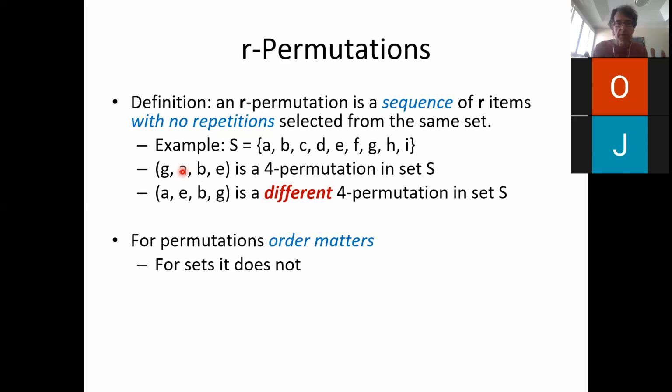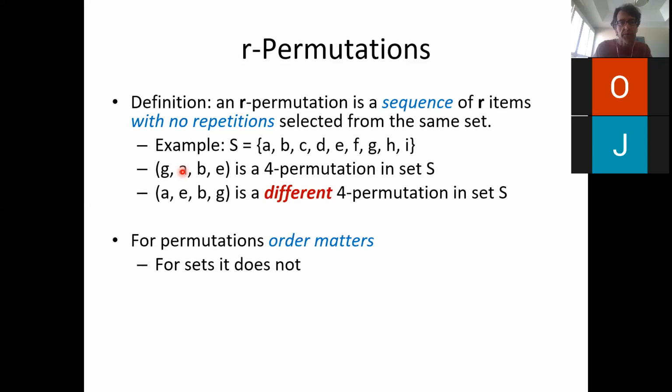In all these examples, it was the case. But now I'm telling you, let's count other objects, sequences, but with the constraint that the characters you choose cannot be chosen twice.